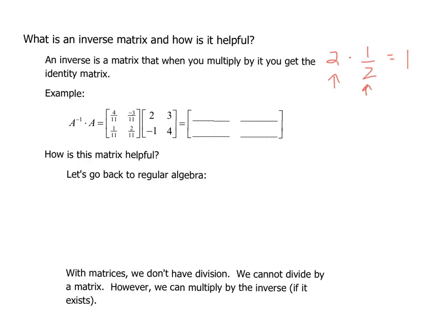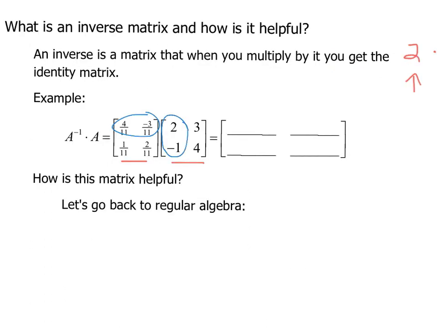Here's an example. Suppose I have these two matrices, matrix A, matrix B. Let's take this first row times first column to get this element here, row 1, column 1. We're going to have 4/11 times 2, that's 8/11, plus -3/11 times -1, so that's 3/11. 8/11 plus 3/11, that's going to be 11/11, or 1.